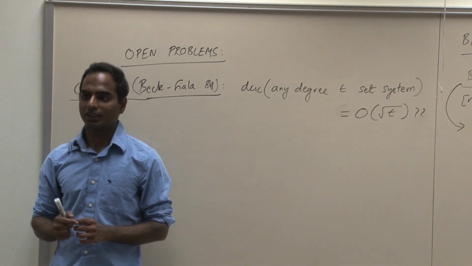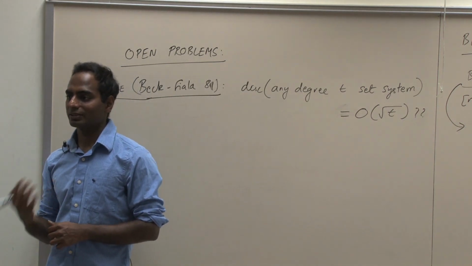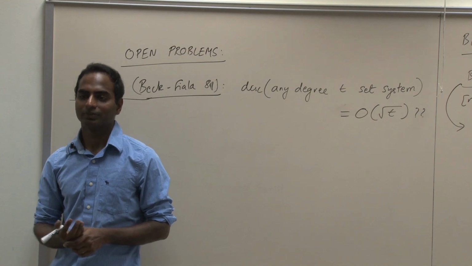Okay. So the conjecture is that the bound should actually be square root of t and not 2t.